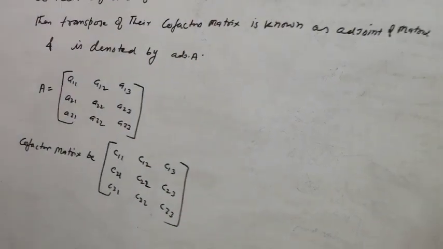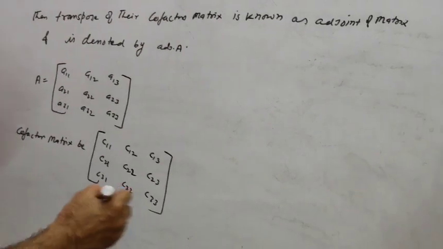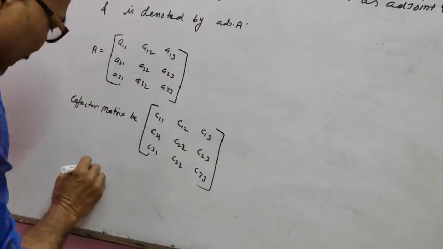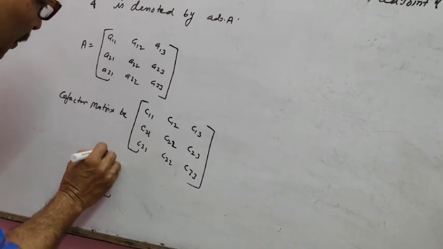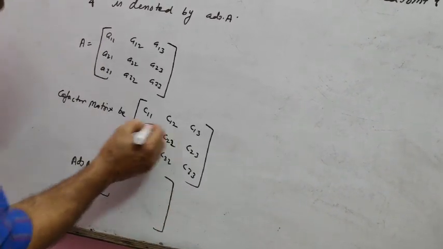Then adjoint A is equal to the transpose of this cofactor matrix.